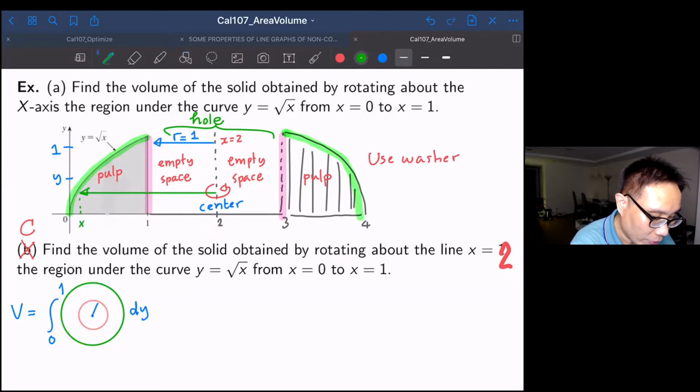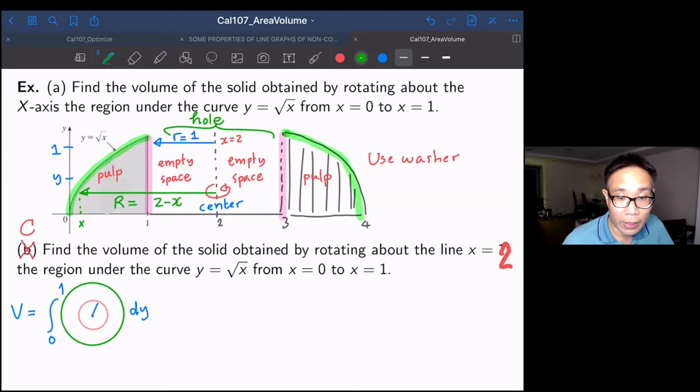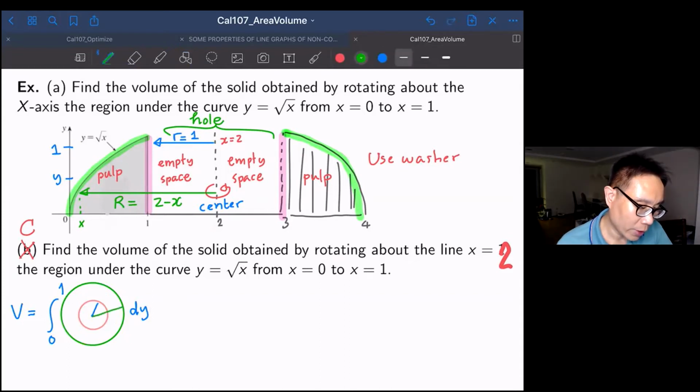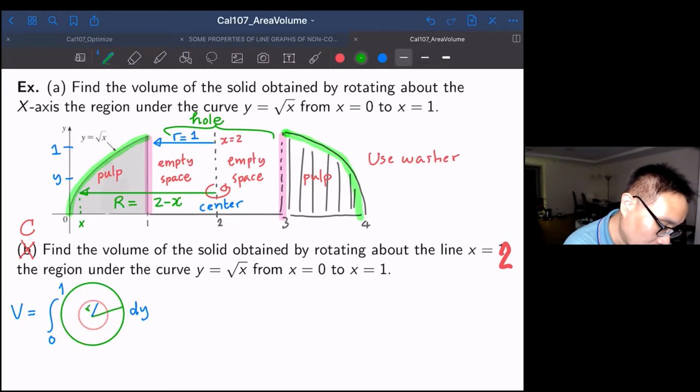And like before, the radius that you have here is going to be r equal to 2 minus x. So it's going to be 2 minus x for my r. I cannot erase it, so I'm just going to write it like that. So in this case, you get 2, inside and outside, so you have the small r and the capital R.